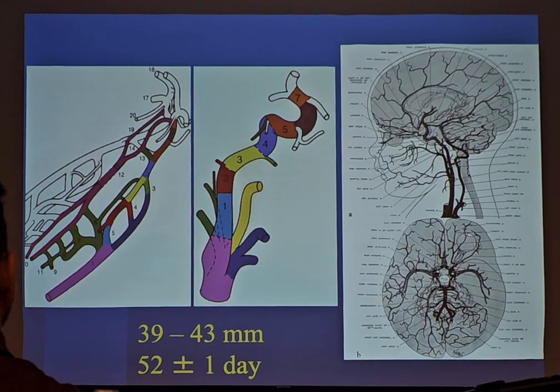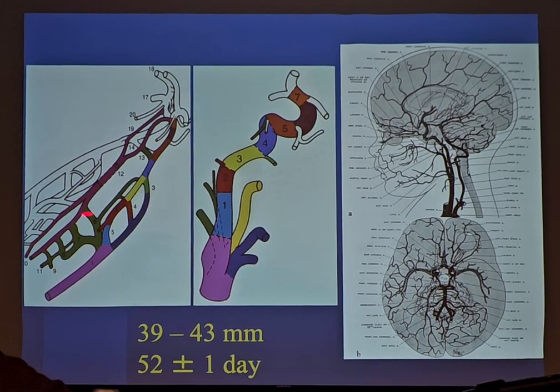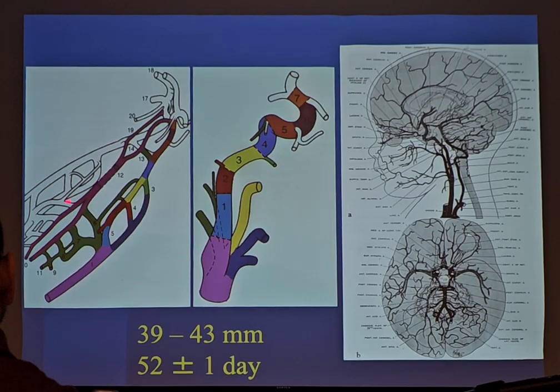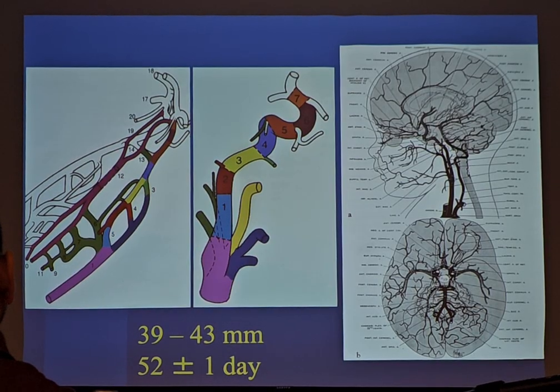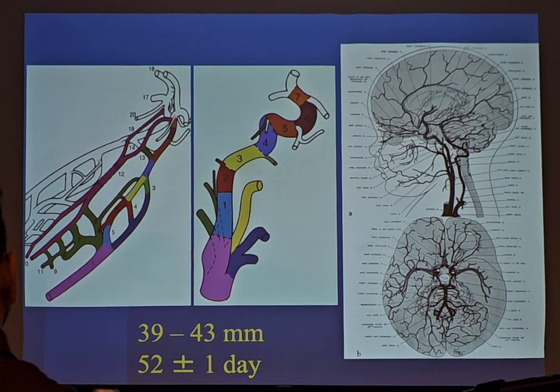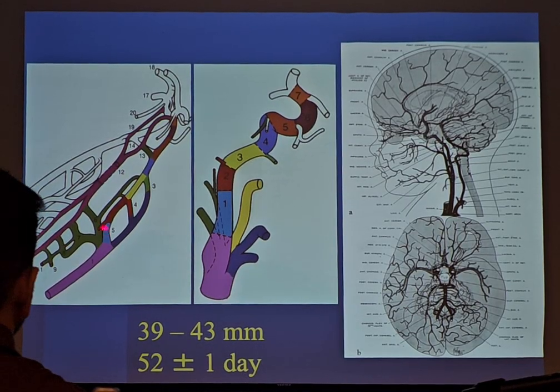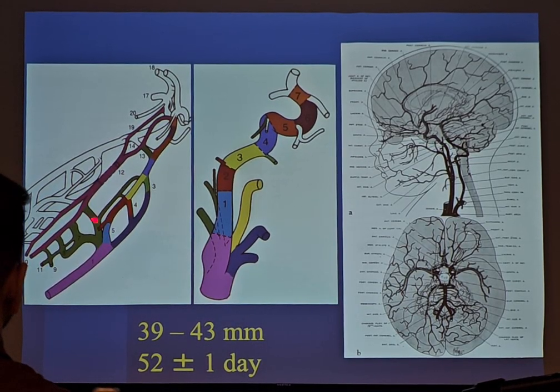What we see is that the internal carotid artery is not just one tube, but a connection of different embryonic segments. The first part is the third aortic arch. This is the cervical portion of the internal carotid artery.